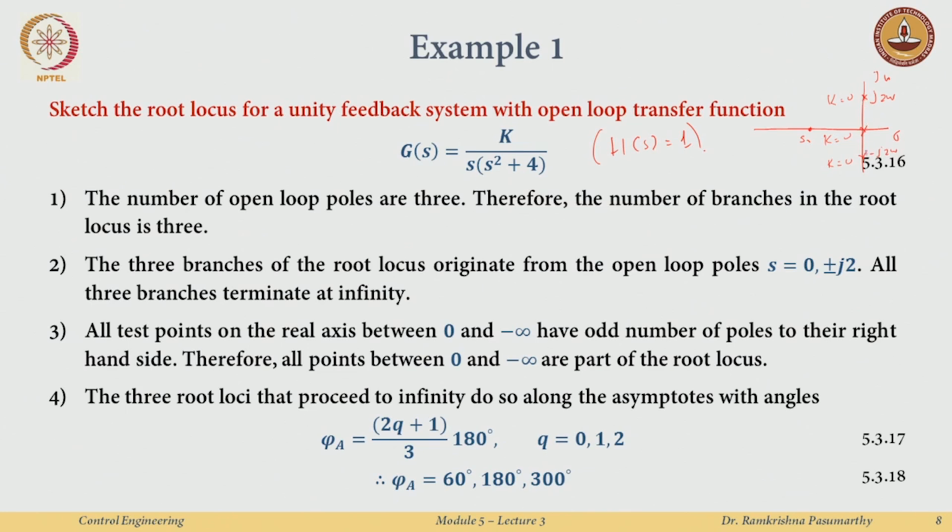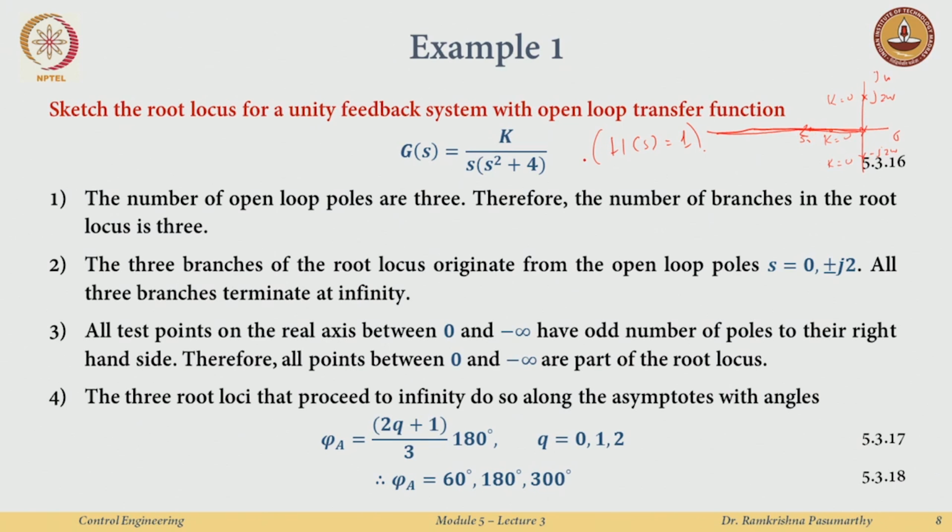There are 1, 2 and 3, and no zeros. This is an odd number, and therefore this point will be on the root locus. Any point on this real line, looking towards my right, has 3 poles, an odd number. So the entire negative real axis will be on the root locus.